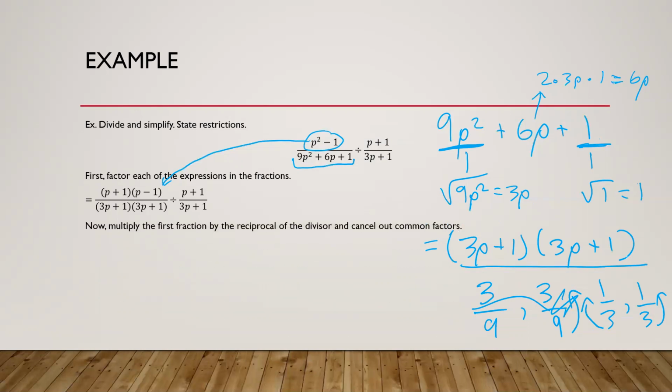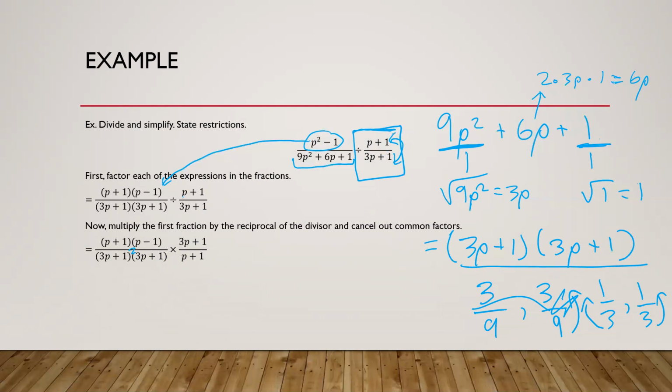So we rewrite this as 3p plus 1 times 3p plus 1, or we could do 3p plus 1 squared. But the reason I like to leave it like this is because I'm hoping that something will cancel out. And it does, because when I divide by my rational function, I know that I can simply flip the fraction.